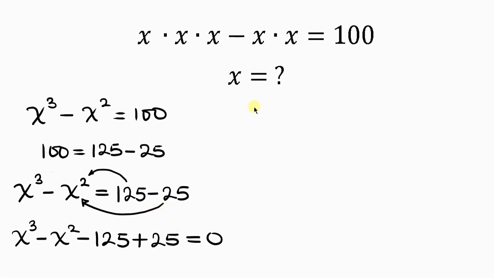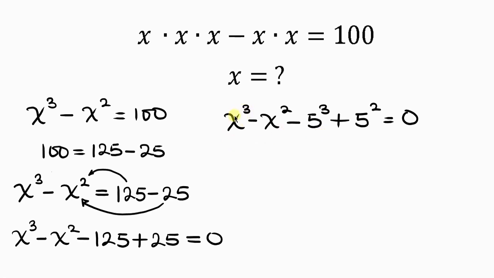Now, this simplifies into x cubed minus x squared minus, this is a perfect cube, which means it can be written as 5 cubed, plus, and then this is a perfect square, which means it can be written as 5 squared, and this is equal to 0. Now, our next step will be for us to group.